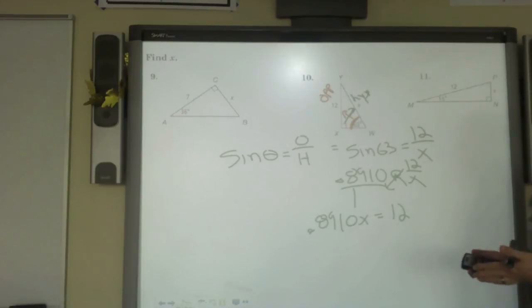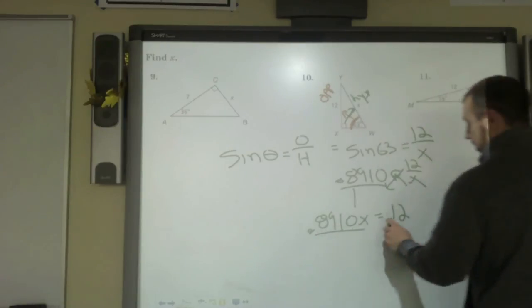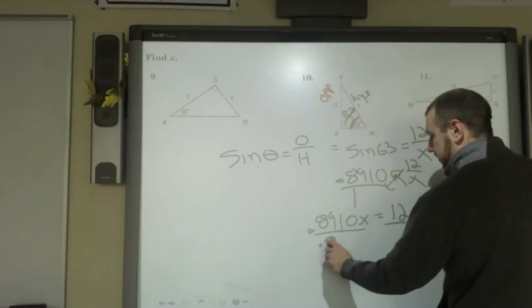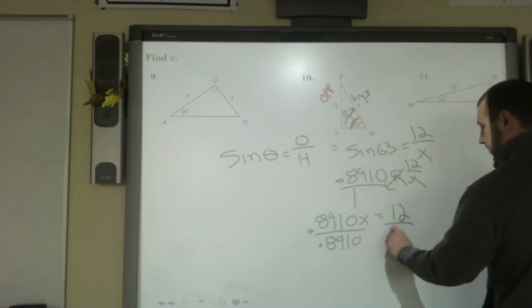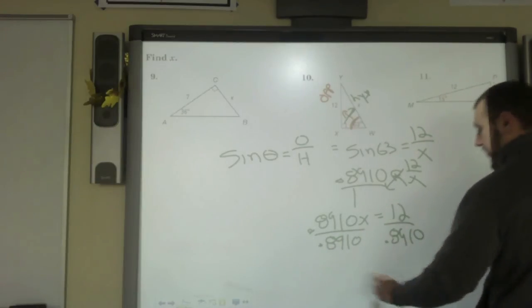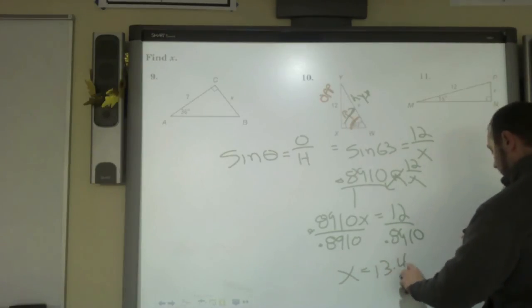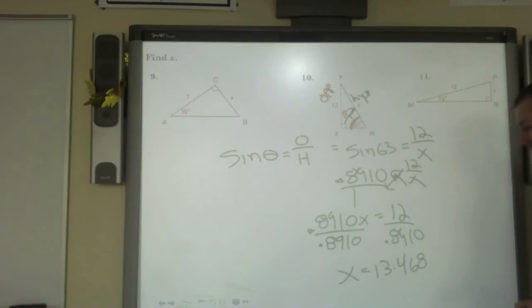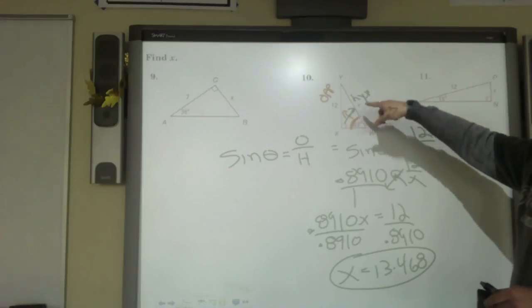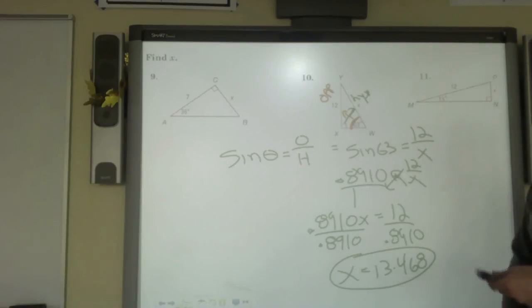Now I have to divide by that decimal. X equals 13.468. Now, x was my hypotenuse. So should it be bigger than 12? Yeah, because it has to be the biggest side.